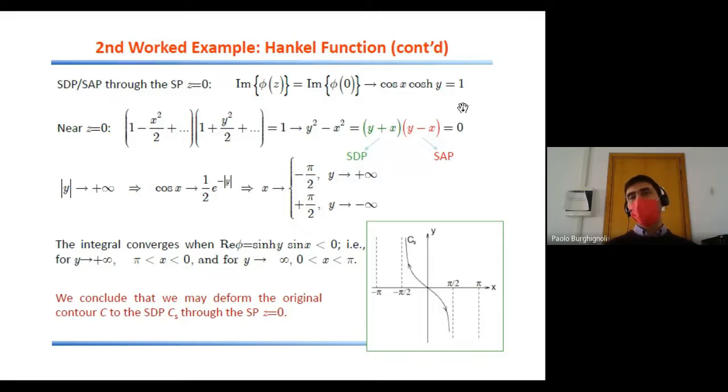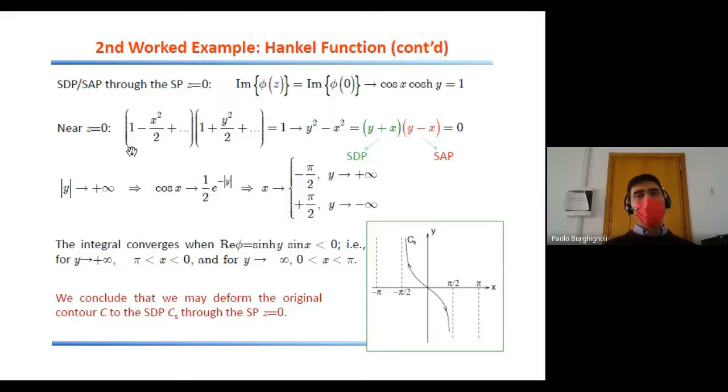This is, in implicit form, the equation of a curve in the xy plane that can be studied in the neighborhood of its point at the origin by expanding both the cosine and the hyperbolic cosine through their Taylor series, having as initial point the origin.